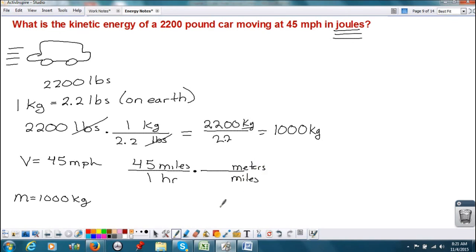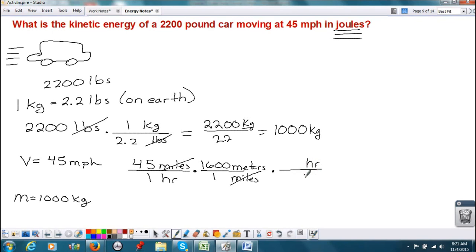Well, if you run track, or if you've had to run the mile in gym class, you know that if you go around the track 4 times, you've run 1 mile. 4 times around the track is 1,600 meters. So I've got the miles taken care of. Now I need to get the hours and the seconds. Well, hours is in the denominator, so I put hours in the numerator, to help cancel it.